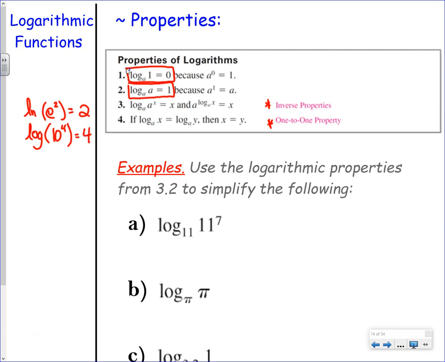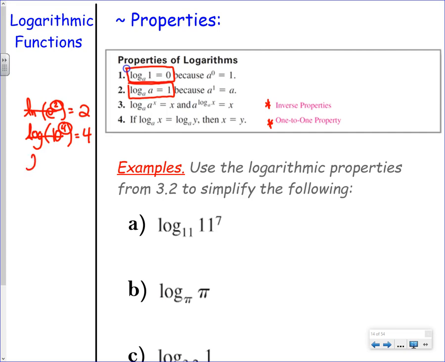Whenever you take a log with a base that matches the base of the exponential you put in, everything is always going to get undone except for what's in the power. Log base 10 of 10 to the 4th, everything's going to get undone except for the power. The reason being is because the log and the exponential, in a sense, cancel each other out, undo each other.